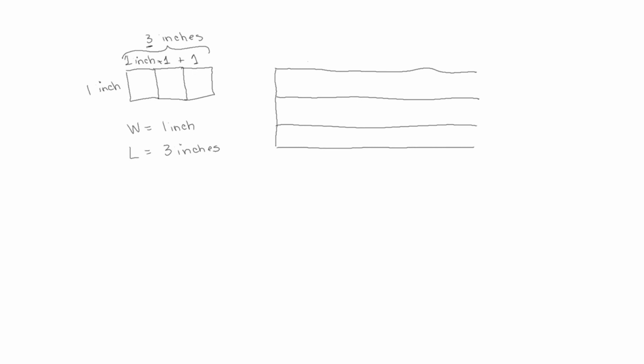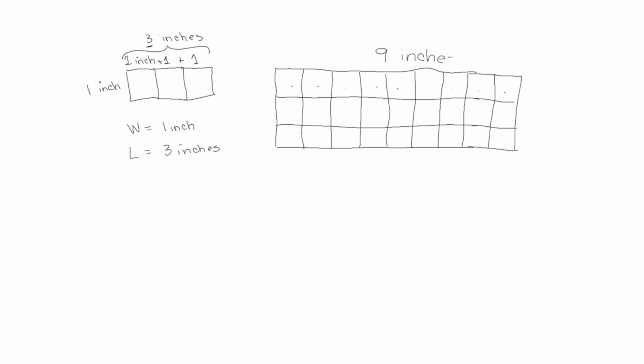So we're going to draw 9 squares this way. So we have 1, 2, 3, 4, 5, 6, 7, 8, 9 inches this way for our length. And we have 1, 2, 3 inches this way for our width.